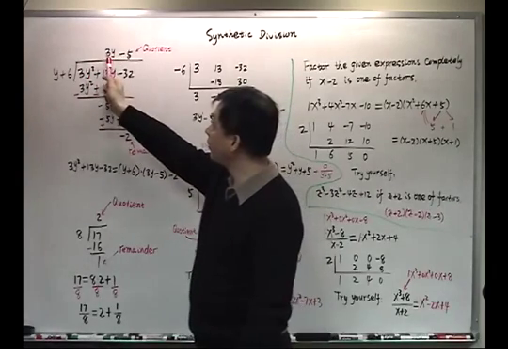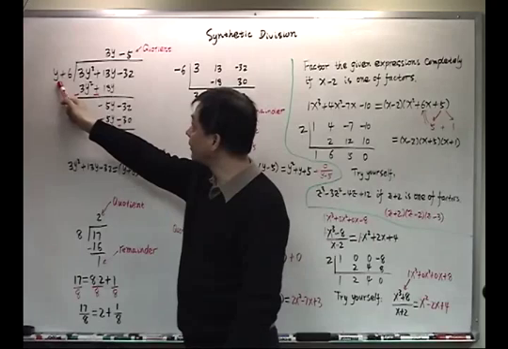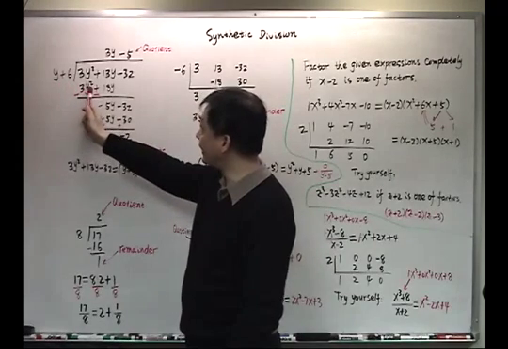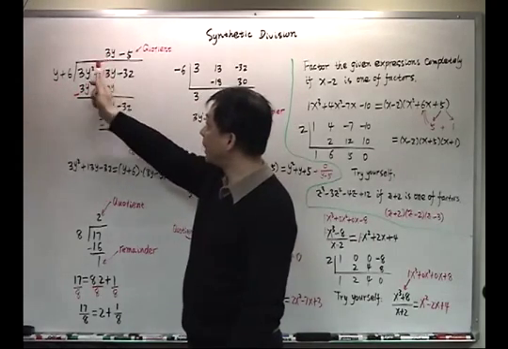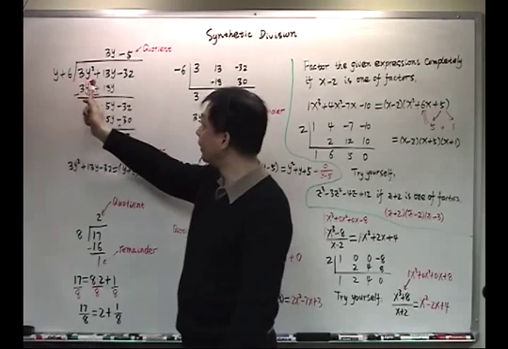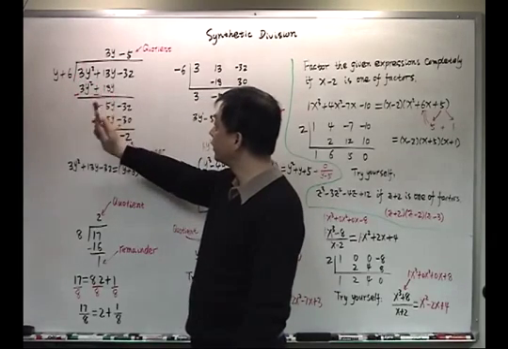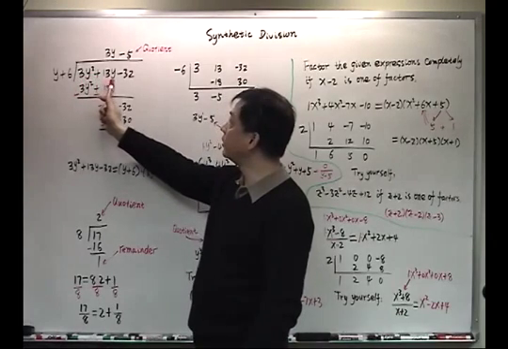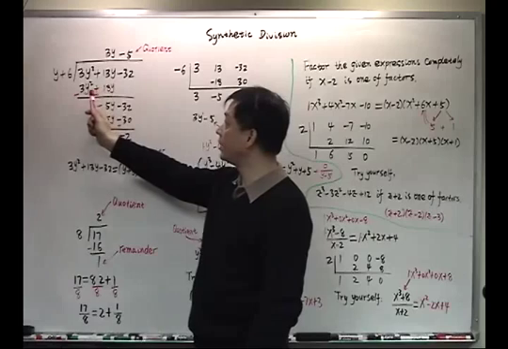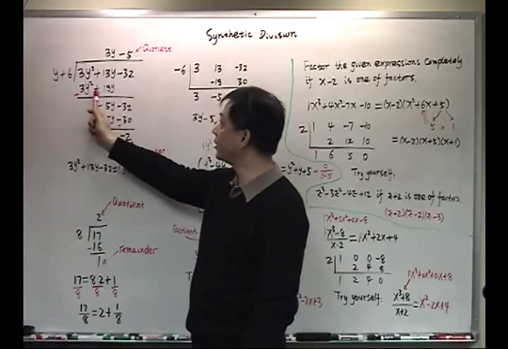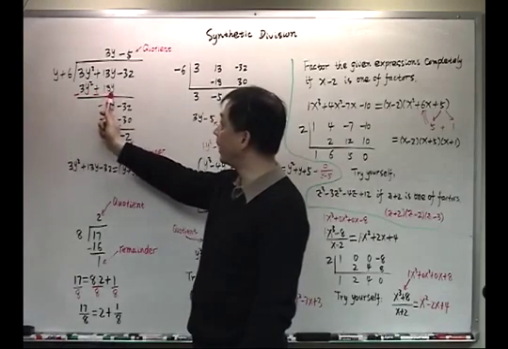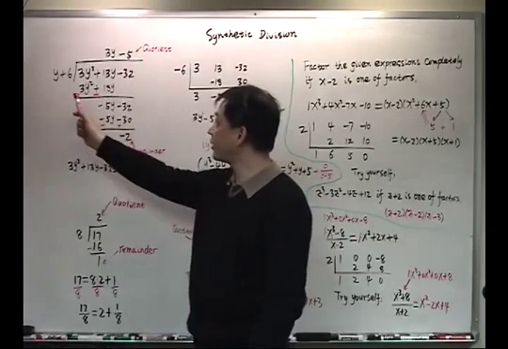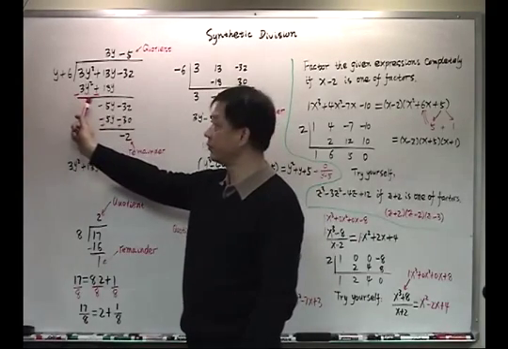So you know 3y times y, you have a 3y squared. 3y times 6, you have an 18y. Upstairs, 3y squared plus 13y; downstairs, 3y squared plus 18y. So downstairs, switch the sign first.